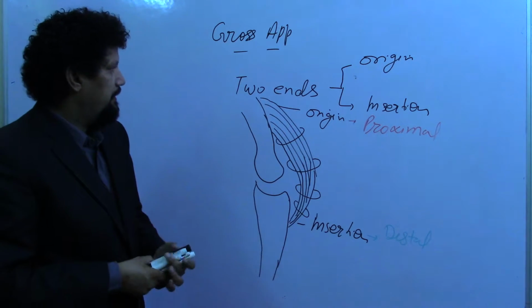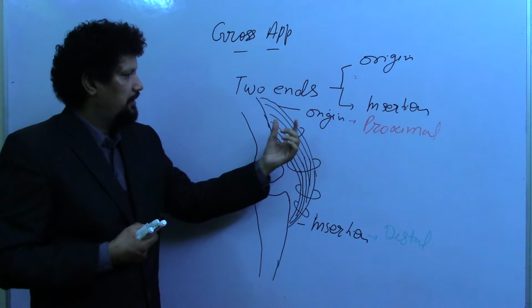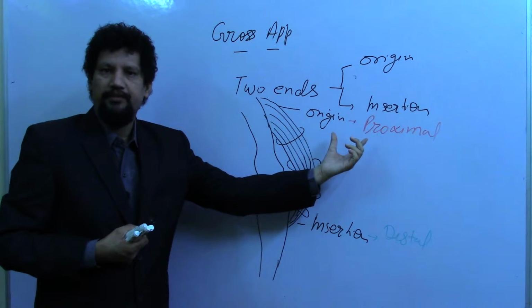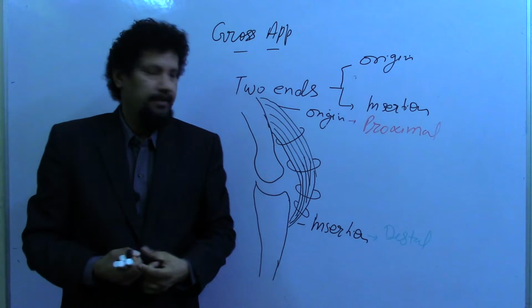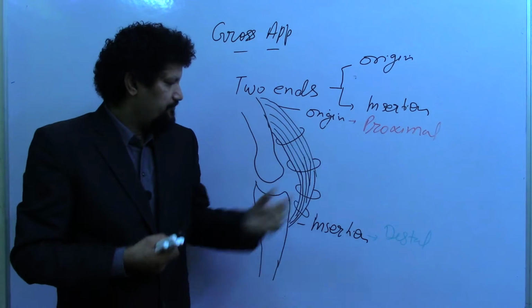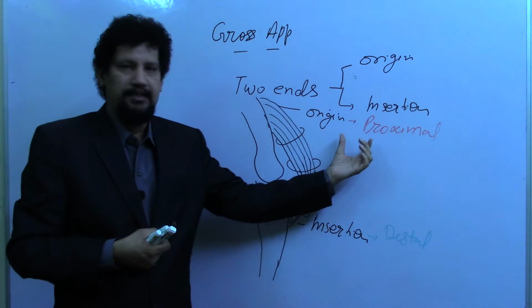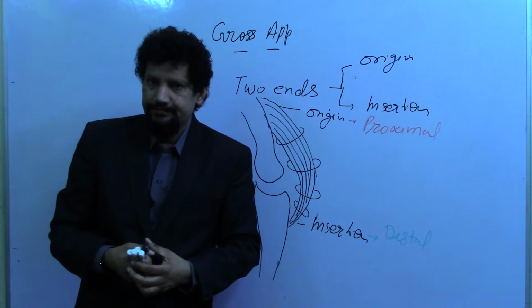So skeletal muscle is having the origin or the proximal end, which is less movable or comparatively non-movable.